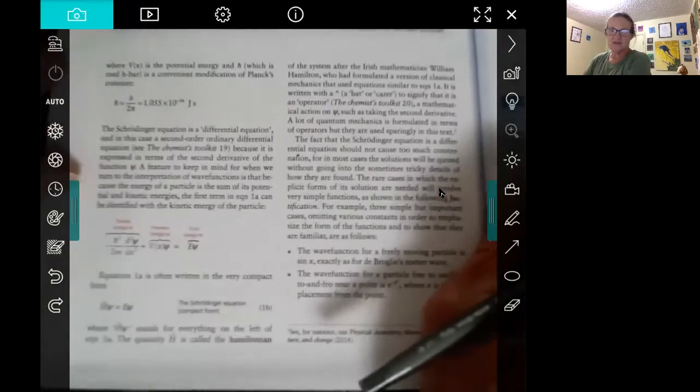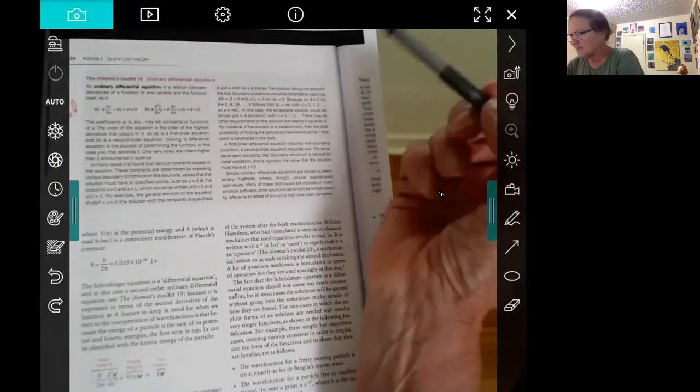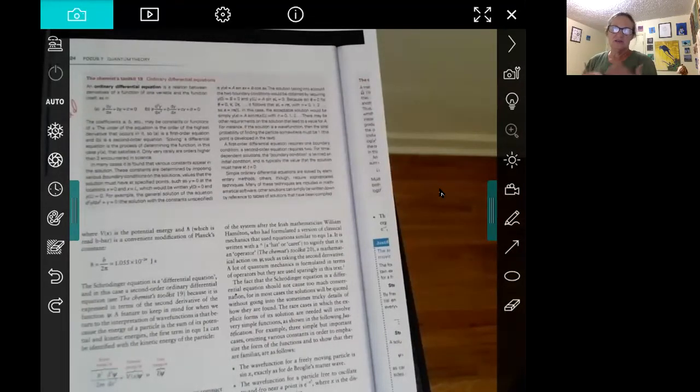First thing you have to think about is what's a differential equation. Sounds like you should have had a course on differential equations in order to take this class, but that's not really true. A differential equation, which is in this toolkit on page 324, is really just an equation that's a relationship between a derivative or a second derivative and the function itself.